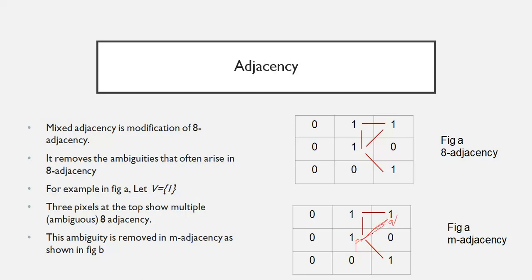And why can they not be connected? Because here my set V is equal to 1, and of the pixels at the intersection of the neighbors of P and Q, one of them belongs to V. This intersection pixel belongs to V, so this connection cannot be there. So there is no ambiguity on how to reach a particular pixel. That is why M adjacency is used.